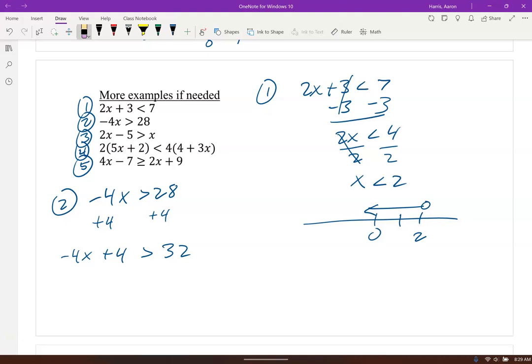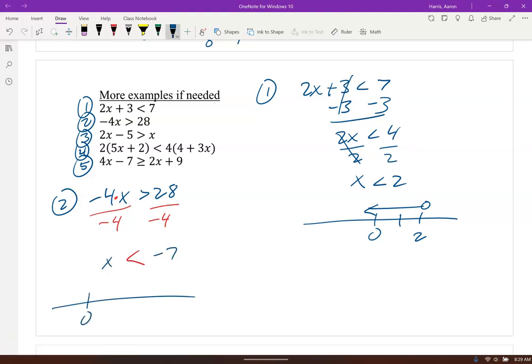So what you want to think about on this one is if the -4 is being multiplied by x right now, you got to do the opposite of multiplication. So you got to divide. If I divide both sides by a negative, now you got to remember, hey, I got to switch that sense of the inequality. So on less than, -7, less than -7.